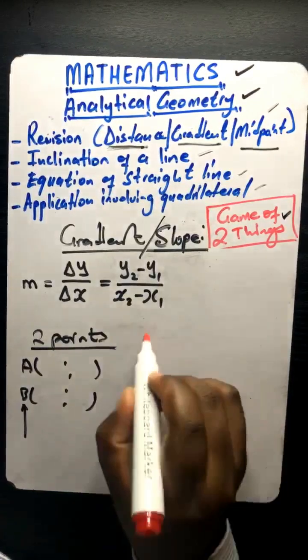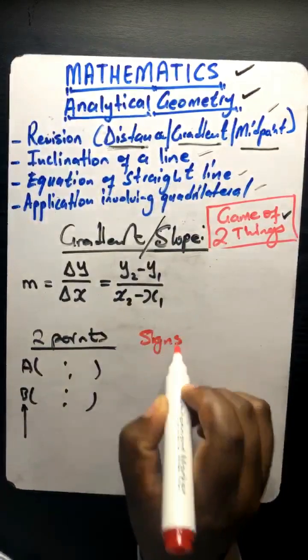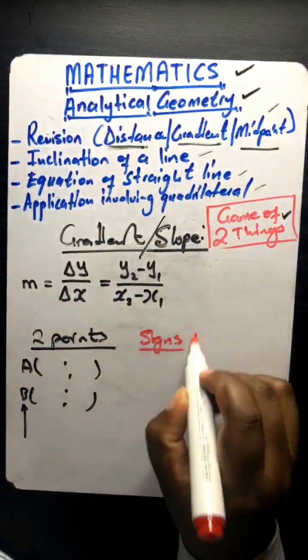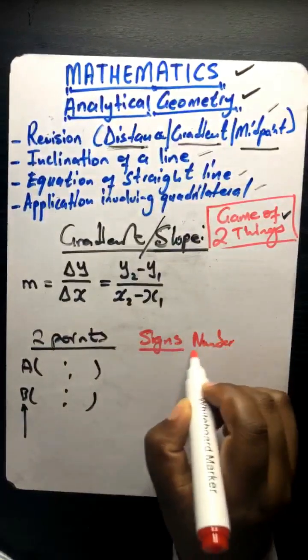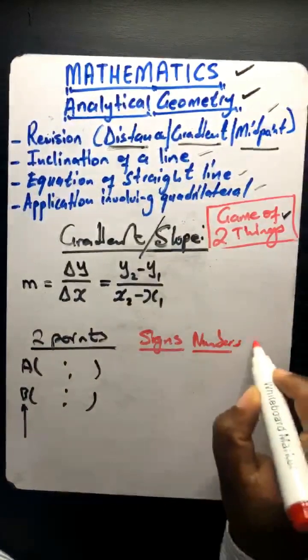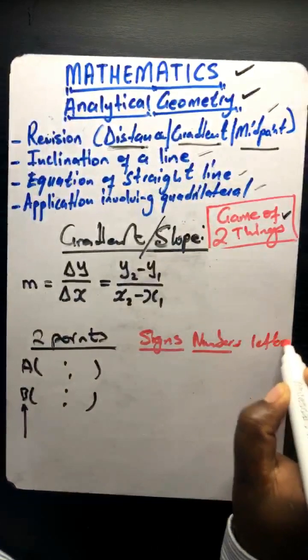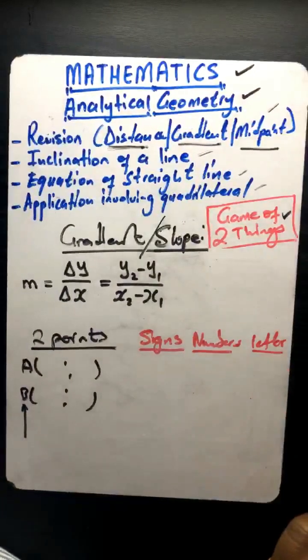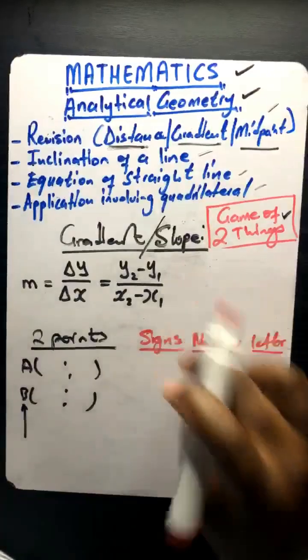What are those? Number 1, the signs. Number 2, the numbers. Number 3, the letters. I'm telling you, since I started with this lesson, everything that I've been doing, everything that I've been saying, it revolves around these 3 things.